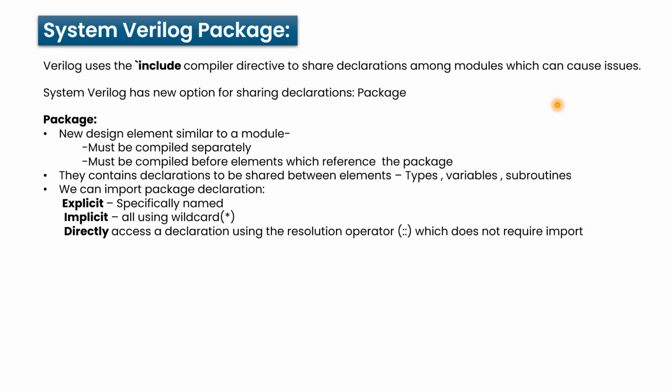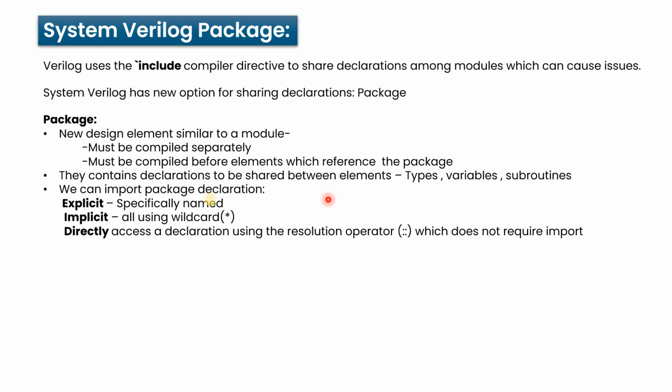We can implement it like a separate module, and it must be compiled before the elements which reference the package. So if this package is used in different modules, it must be compiled first so that the other modules can easily reference it. Packages contain declarations to be shared between elements: types, variables, subroutines.